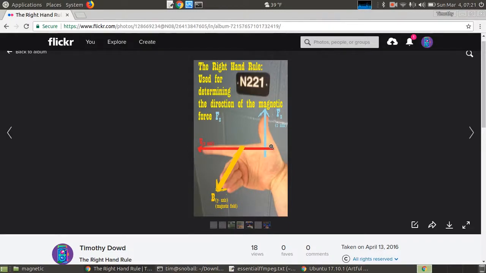Q is not a vector, doesn't have direction. V is your first vector, so it's your top finger. And then B is your second vector, so it's your other fingers. Takes a little practice to remember, but this always gets you the right directions, just like we know how north should be related to east.